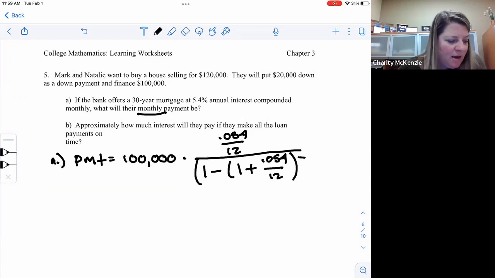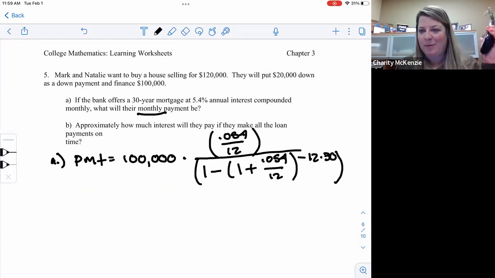Yeah, 30-year loan, and we are compounding 12 for monthly. Put it in like this. It'll just be easier than that weird negative one.